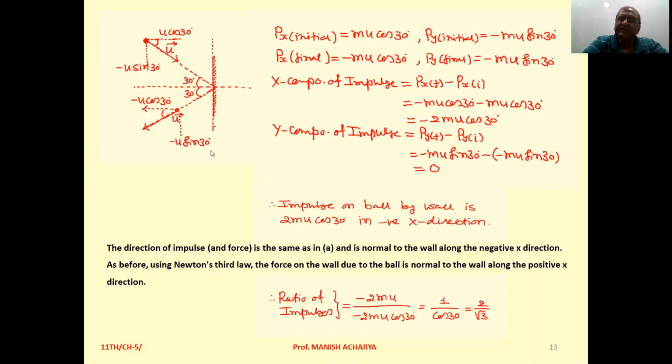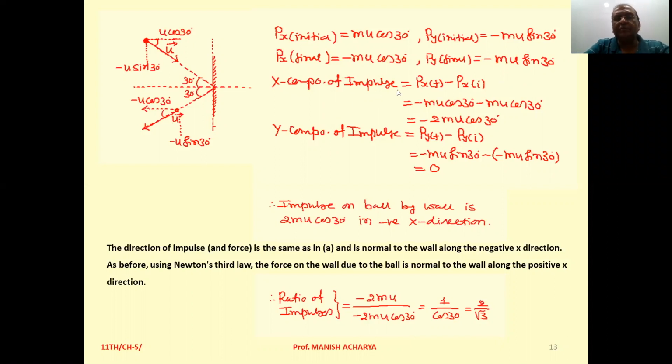Now impulse means change in momentum. The initial momentum in x direction is mass into velocity in x direction, that is mu cos 30. Similarly, the y component of initial momentum is minus mu sin 30. Then the x component of final momentum is minus mu cos 30, and the y component of final momentum is minus mu sin 30.